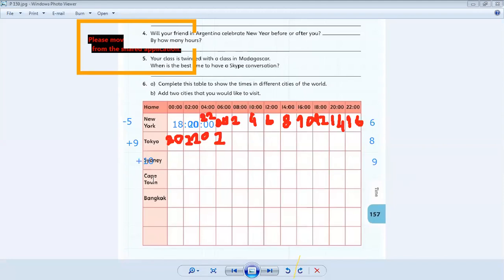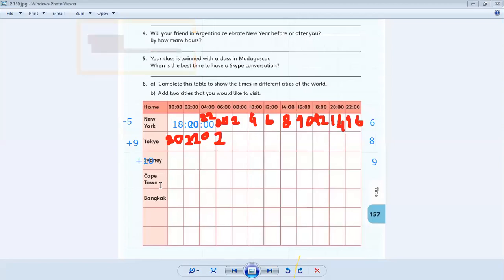9 hours differences. Cape Town. You have to write this on because you don't have your book. Cape Town in South Africa, the last corner of South Africa, the time zone is +1.